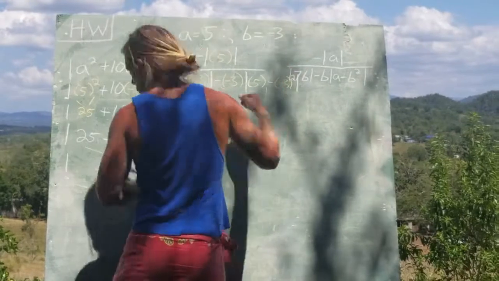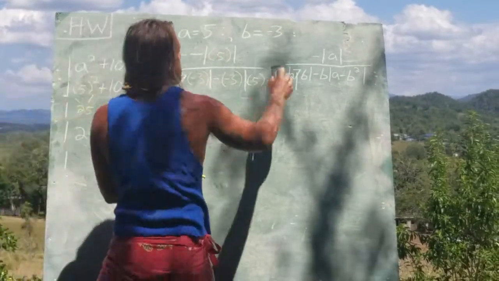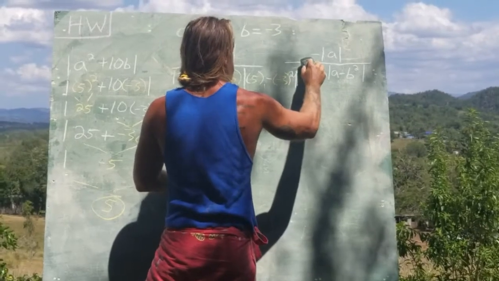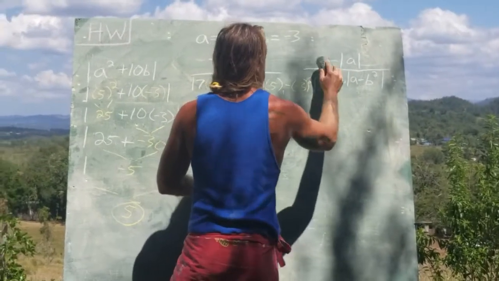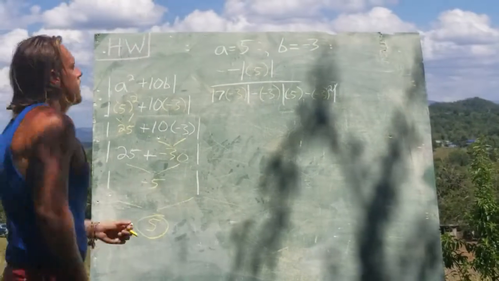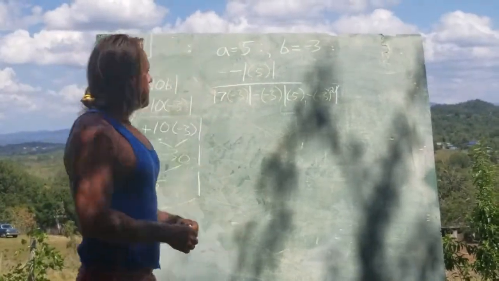You see I kind of merged into that, so I'm going to erase this for clarity so we don't get distracted. Okay, here's our substituted problem. Now we can simplify.